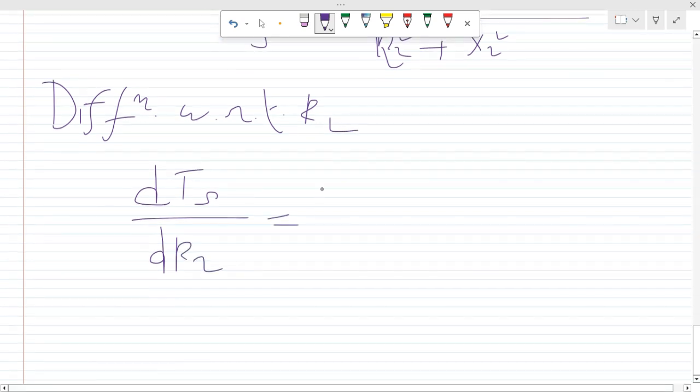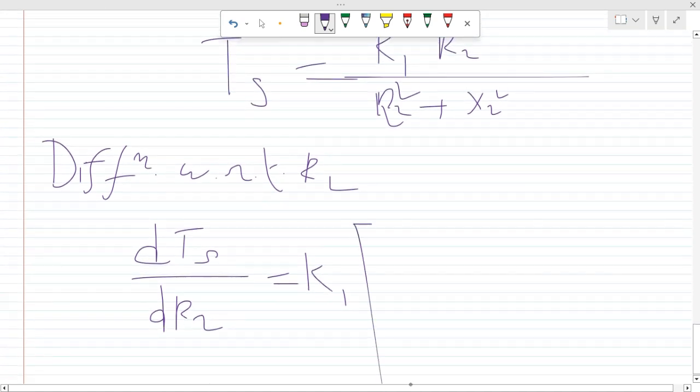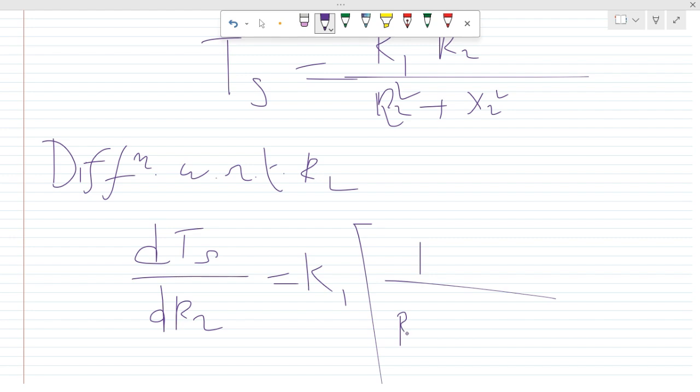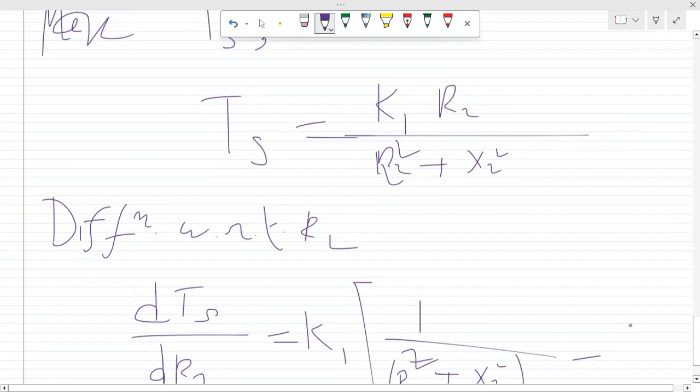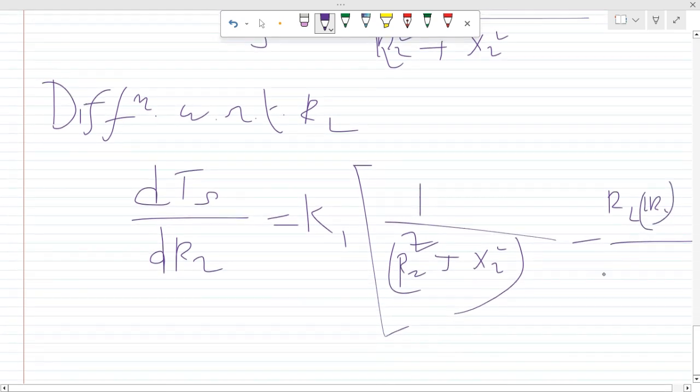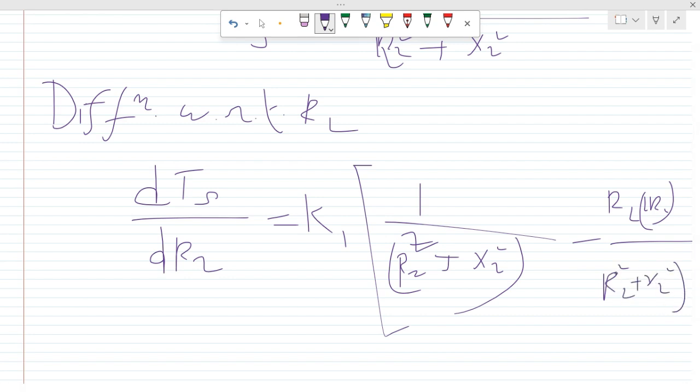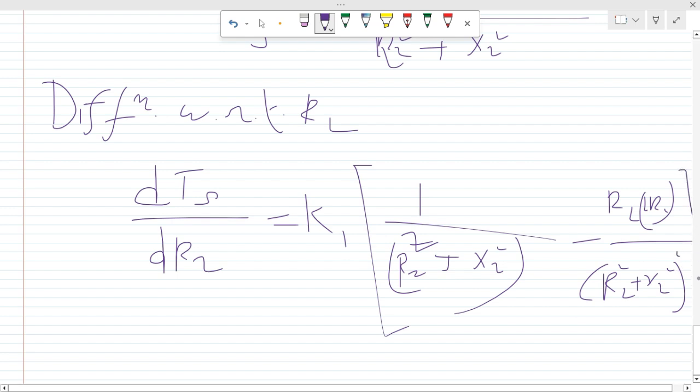This is a simple derivation: K1, the constant, is out, and in the bracket I can write the derivative of R2 square plus X2 square remains the first one, minus R2, and 1 is the power, that is 2R2, divided by the square of R2 square plus X2 square. Hope it's right.